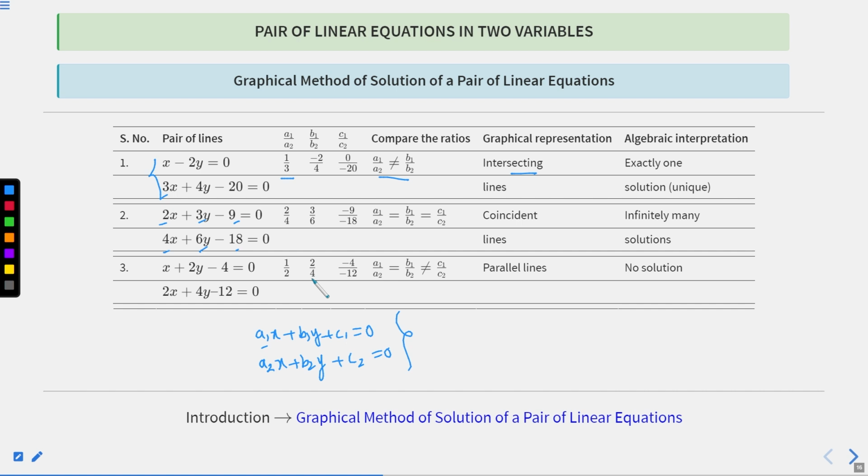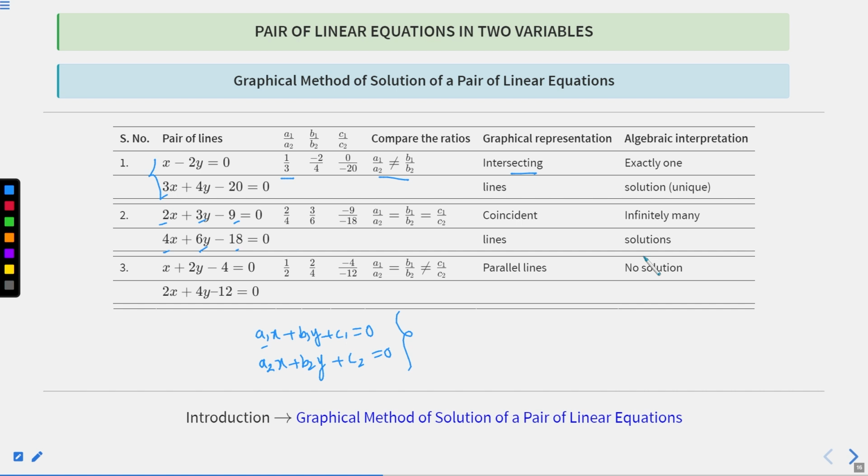So here we get the graphical representation of this pair of linear equations as coincident lines. When the lines coincide, we can say in algebraic interpretation that the pair of linear equations will have infinitely many solutions.